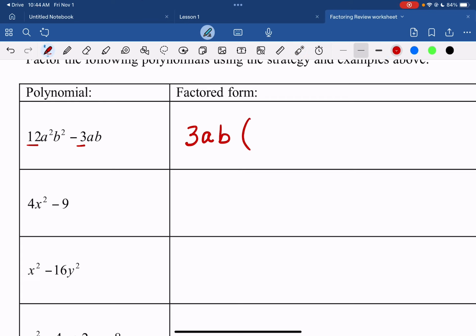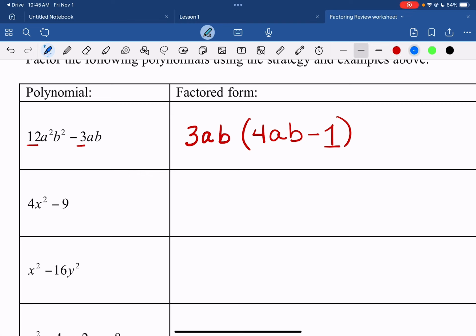So 3ab comes out and I'm left with 4, which is how many times 3 goes into 12. And then a squared divided by a is just a, b squared divided by b is just b, and then I'm going to subtract 1 because once I take 3ab divided by 3ab, I get 1, and that's my answer.